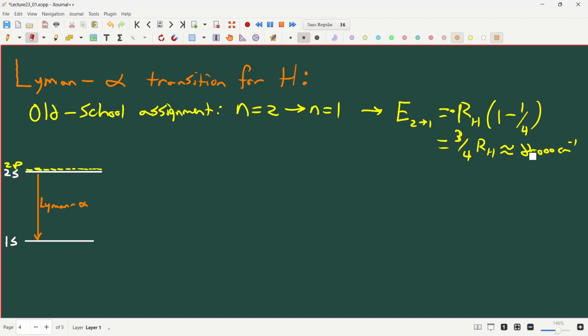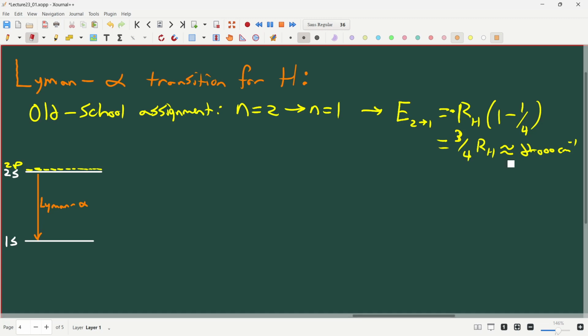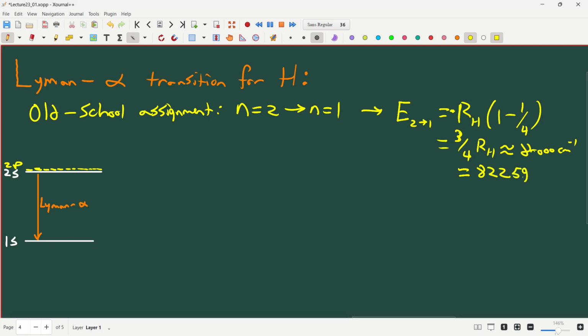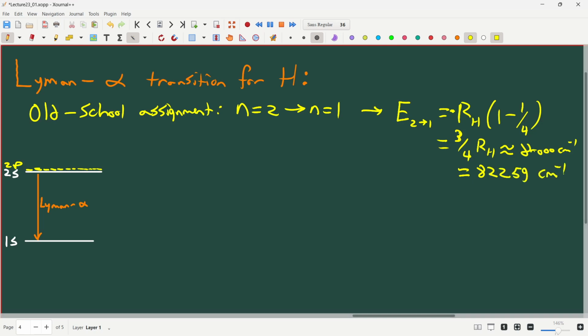I have too many pages today. Here it is. Sorry. It's closer to 82,259 wave numbers.